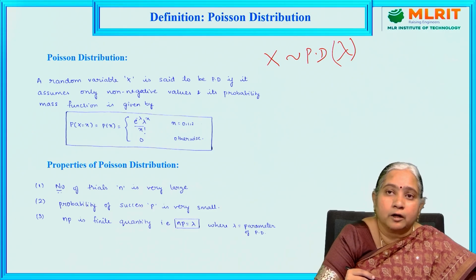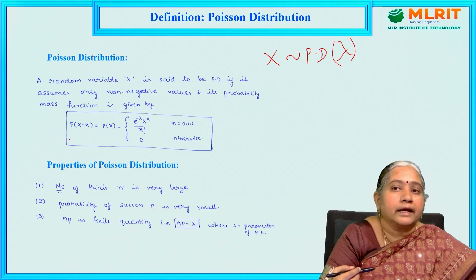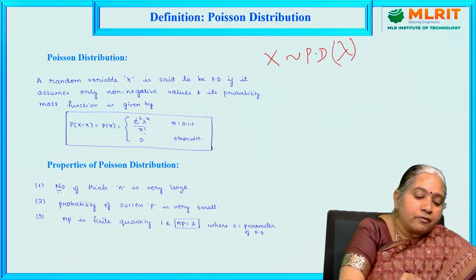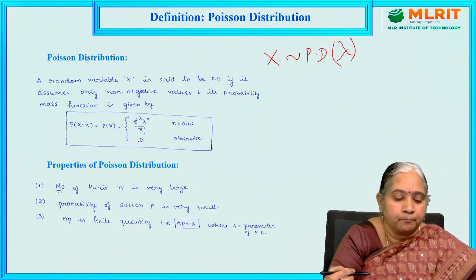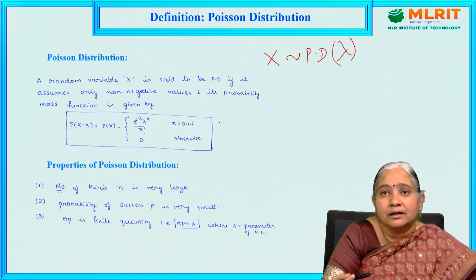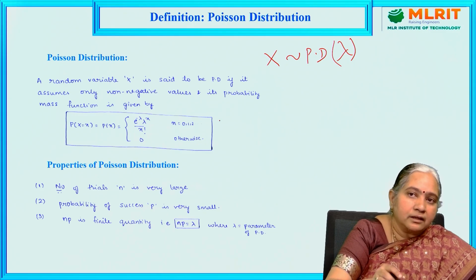So what is the probability mass function of a Poisson distribution? To find the probability at any value of x, P of x is equal to e power minus lambda into lambda power x by x factorial, where x is equal to 0, 1, 2, and so on. Here n is an infinite value or large value, so that's why x takes infinite values.